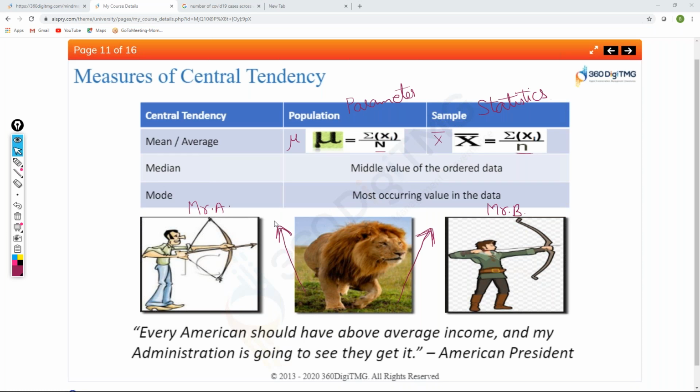No, they clearly know that they missed the lion. They clearly know that. Are they trying to scare the lion and not trying to kill the lion? No, they wanted to kill the lion actually, because otherwise it will kill them. Survival.